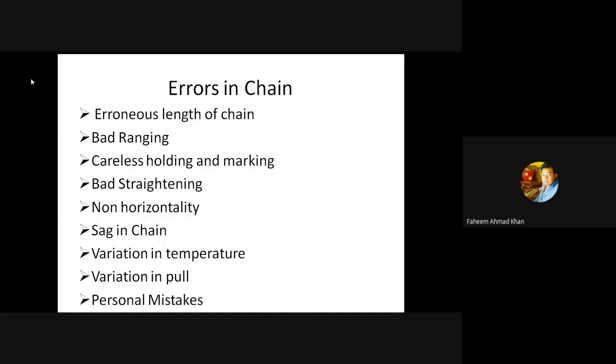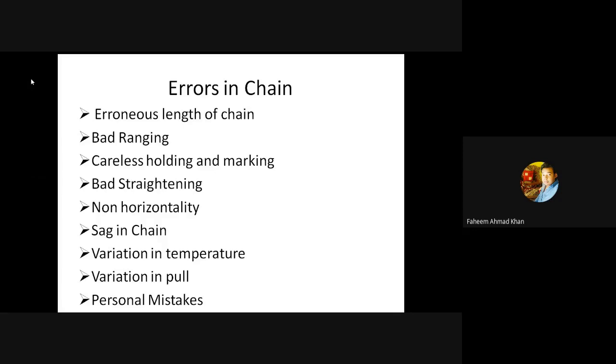Chain edges are then marked against the working edge of the offset scale, and the offsets are measured along its edges. Thus, the offset can be plotted to both sides of the line. So, this is how you plot a chain survey on paper.